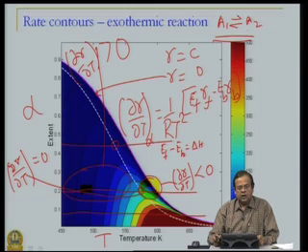However, there comes a point, remember this is an exothermic reaction, which determines that as temperature is increased, the equilibrium extent of reaction decreases.